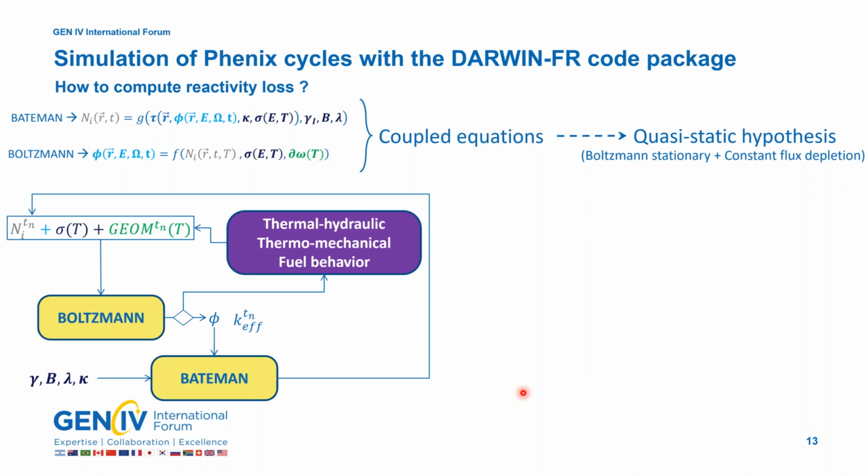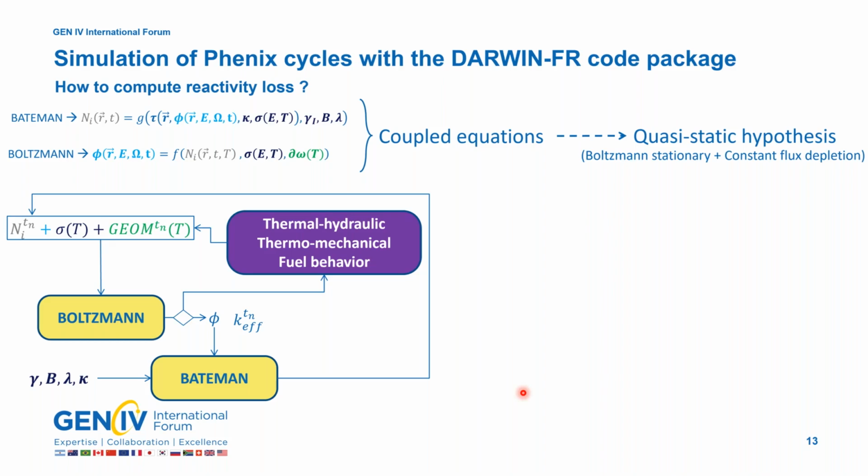So you need to couple the problem with the other physics and not just neutronics. So you need to add the coupled equations from thermal hydraulics, thermomechanics, and fuel behavior to take into consideration the right temperature map inside the core and the dependency with the neutron flux.